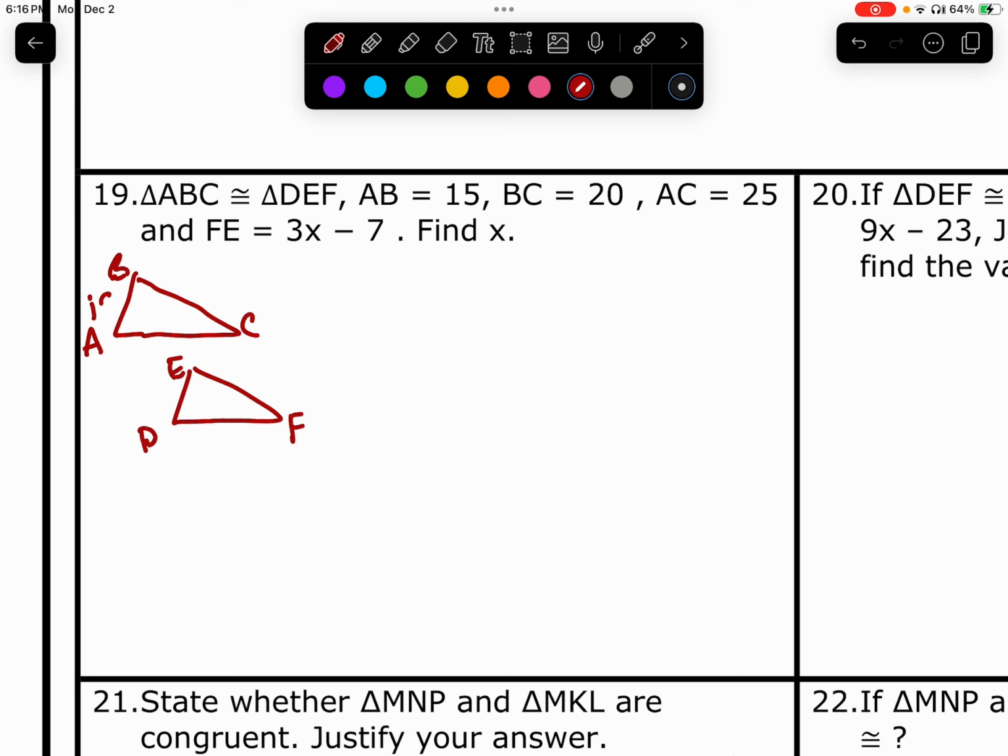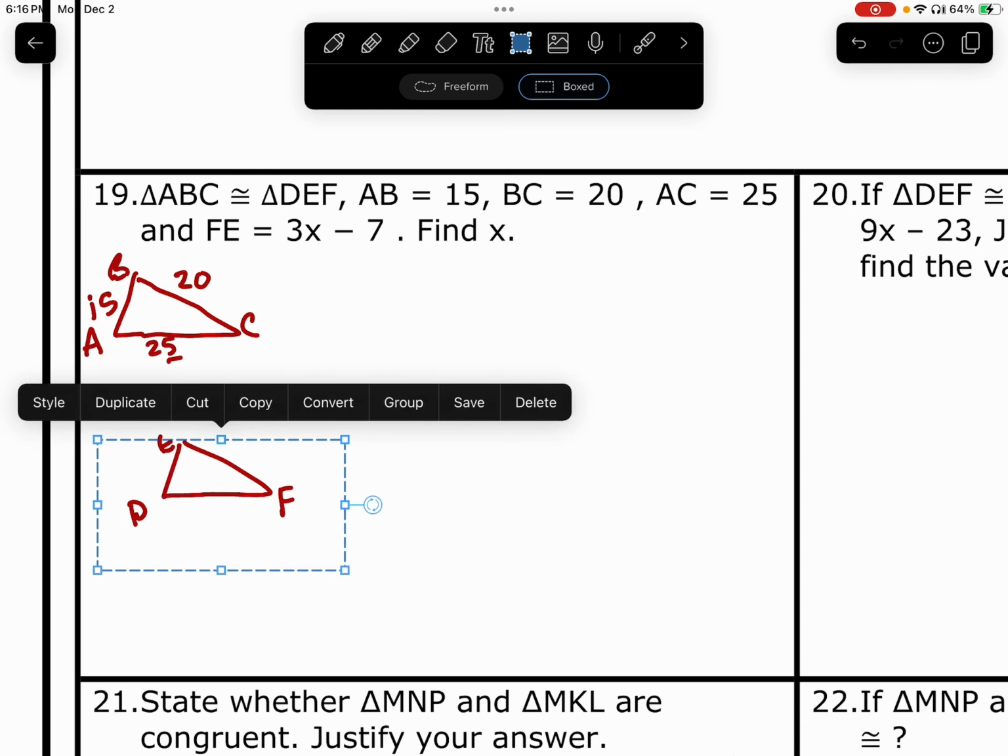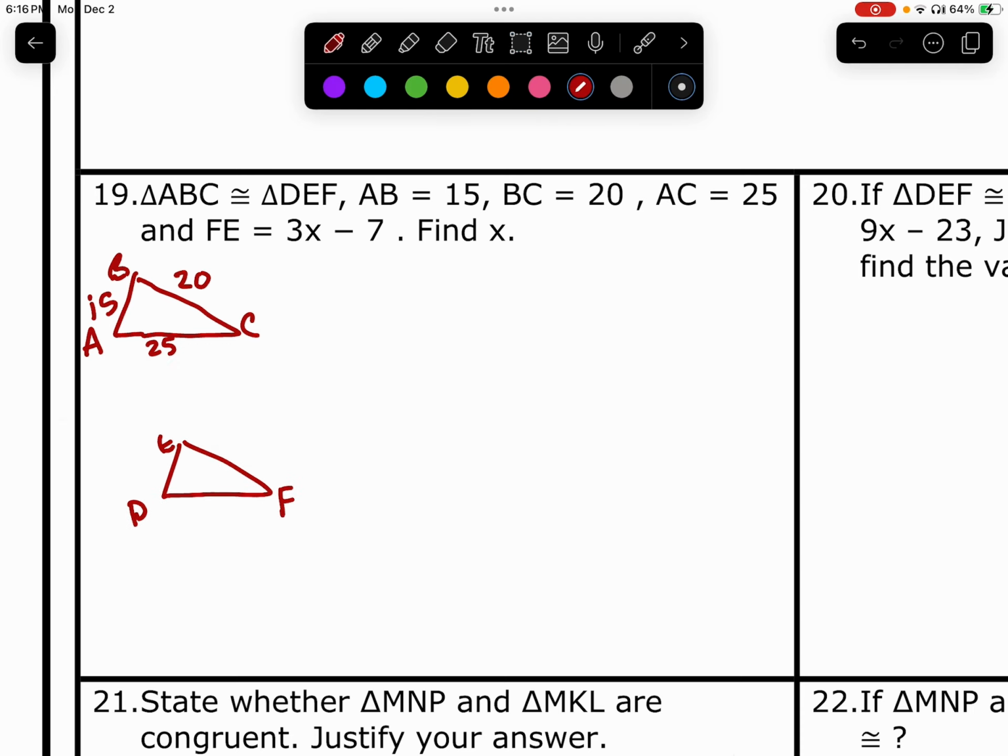We know that AB is 15. We know that BC is 20. We know that AC is 25. And then we know also that EF or FE is 3x minus 7, and we got to solve for x.